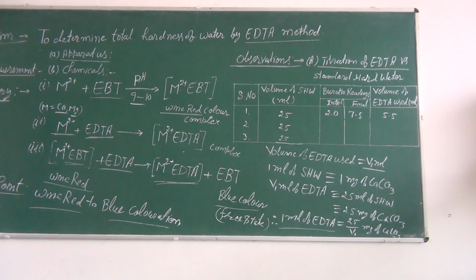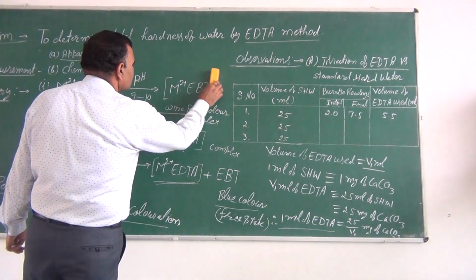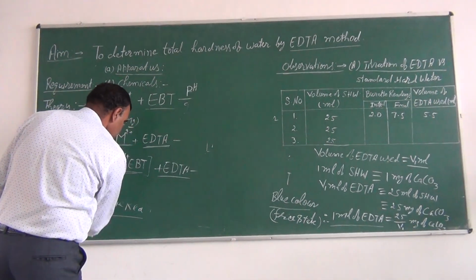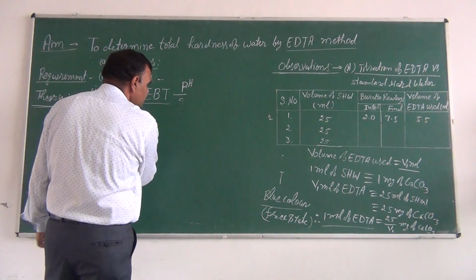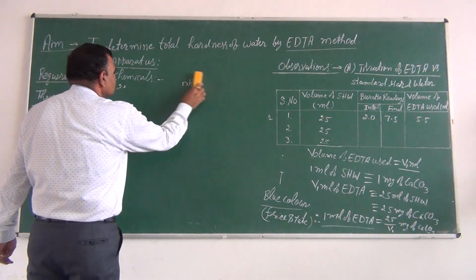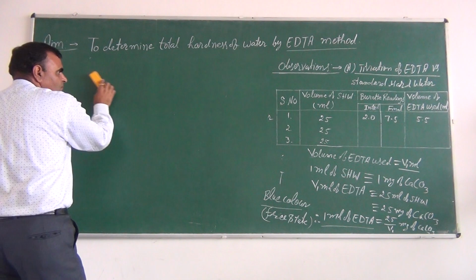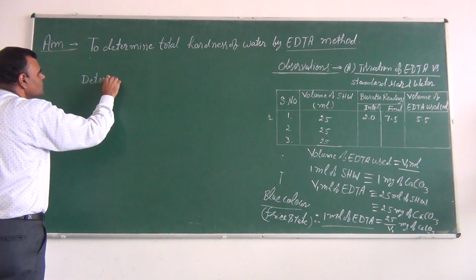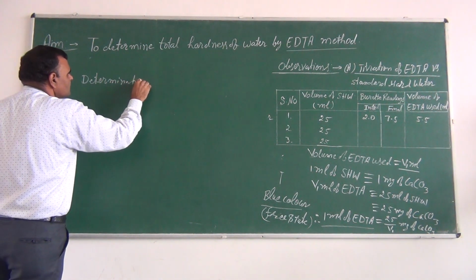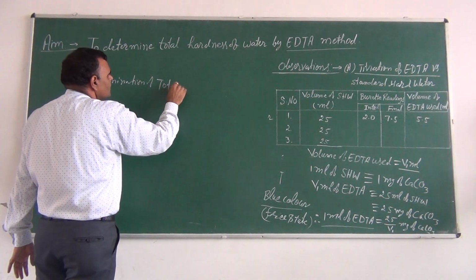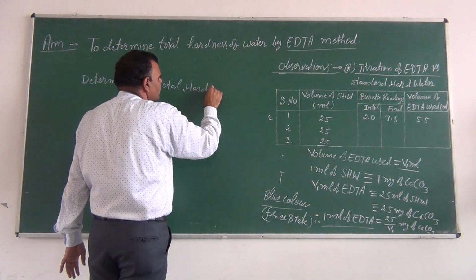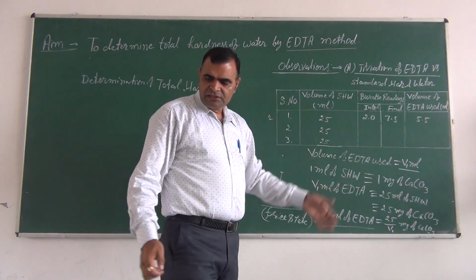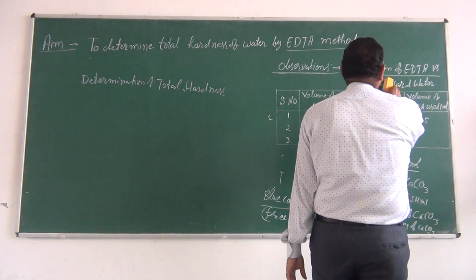Next one is the determination of total hardness. The second titration is the determination of total hardness. In this we will titrate EDTA with sample hard water.